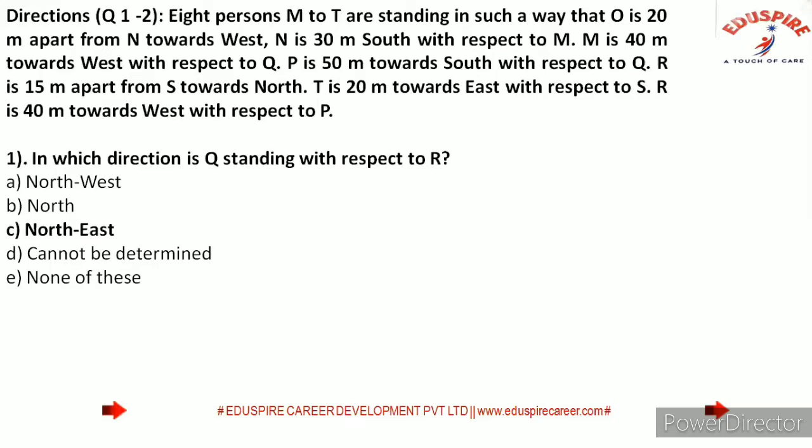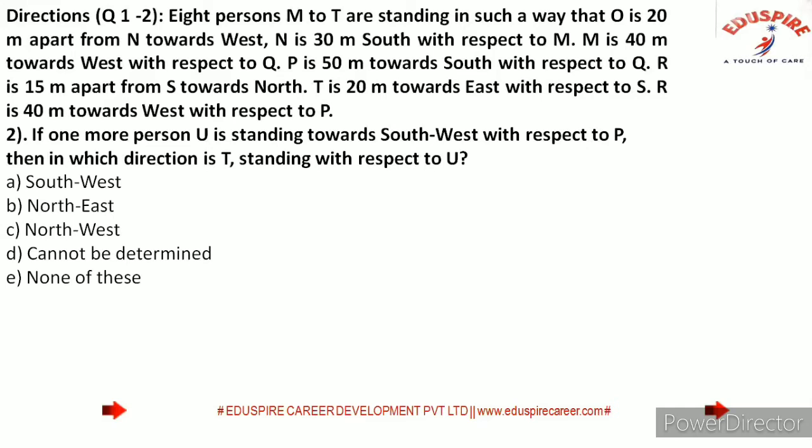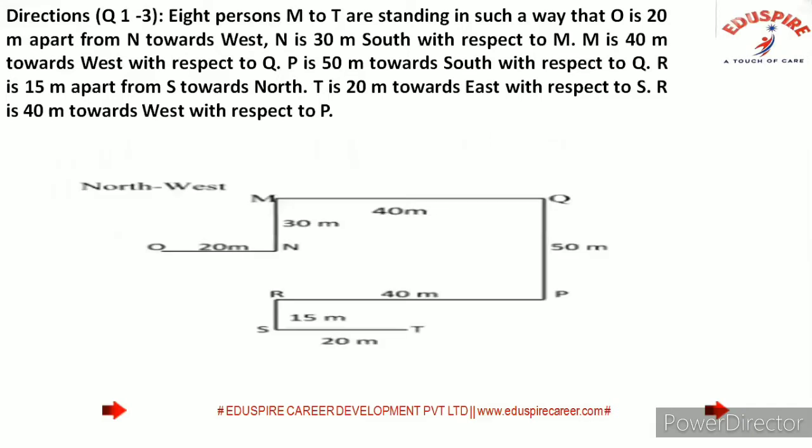Coming to the next question, if one more person U is standing towards southwest with respect to P, in which direction is T standing with respect to U? So here a person U is standing towards southwest with respect to P. Let us see the picture.